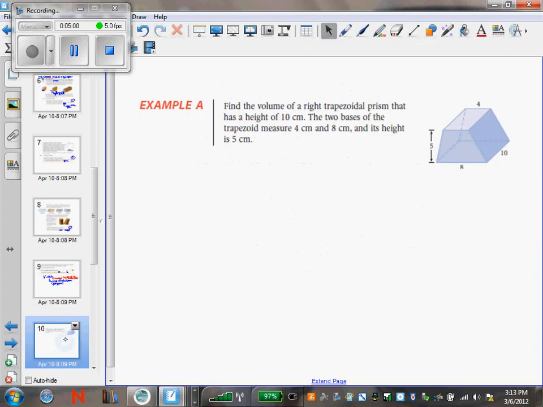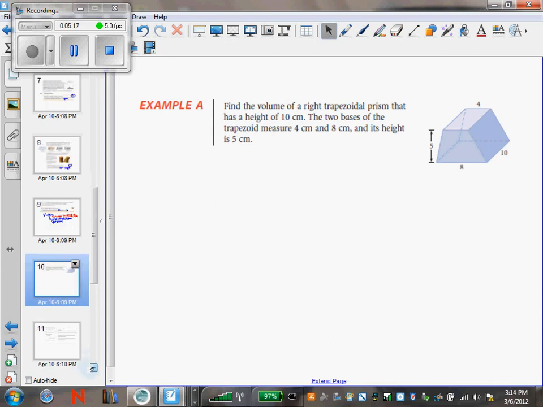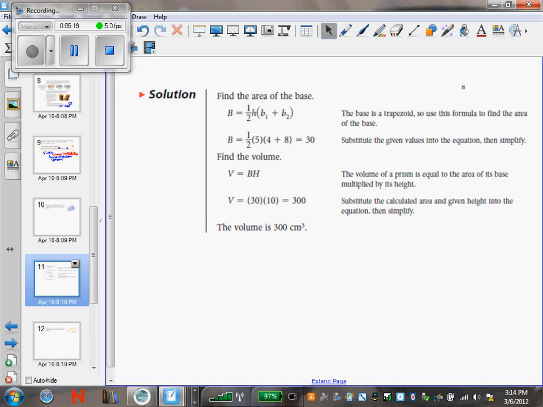Okay, so put me on pause and work this example, and let's see if you get it right. Okay, so you've had time to work it.